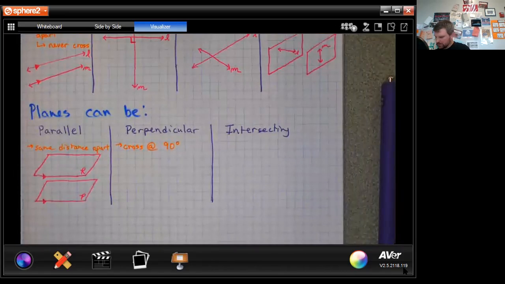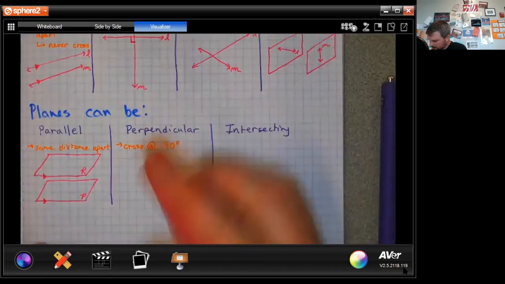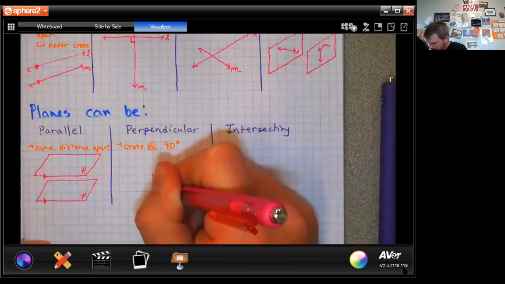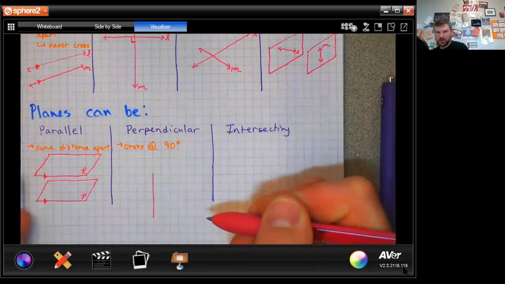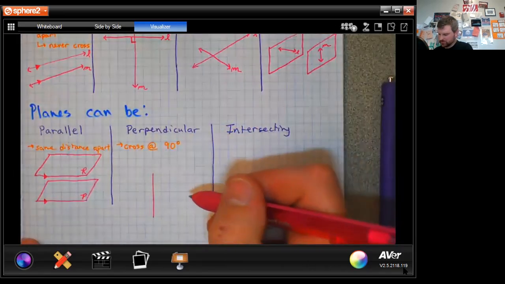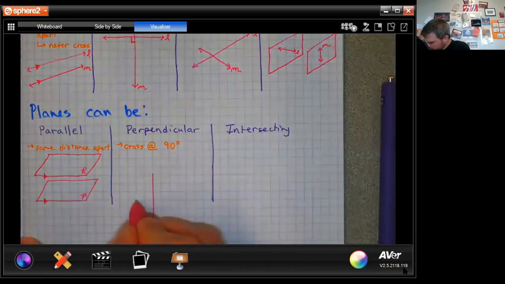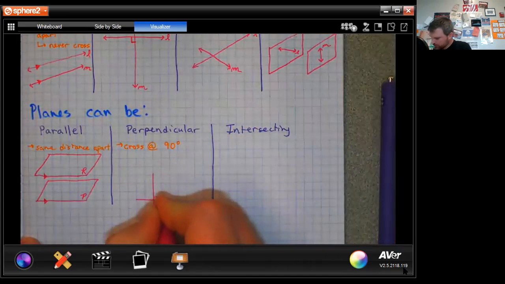We are going to skip down a few lines, and we're going to draw perpendicular lines. So we'll start right here. There's that line. I'm not going to put arrows on it because they're planes, and planes don't have arrows. And then I'm going to draw this perpendicular line. And those two are perpendicular.